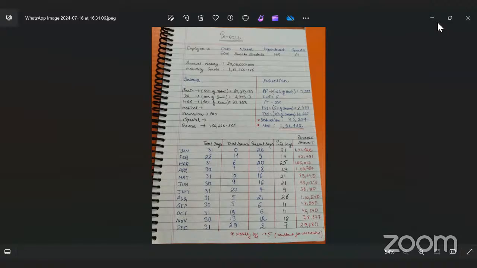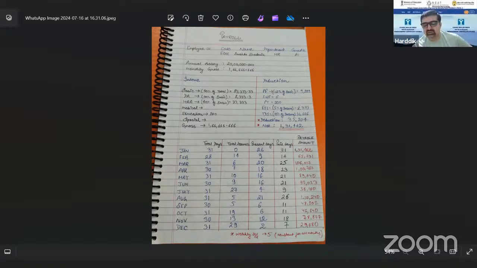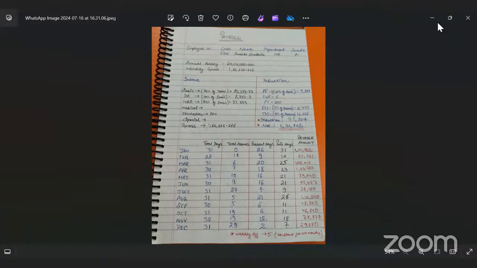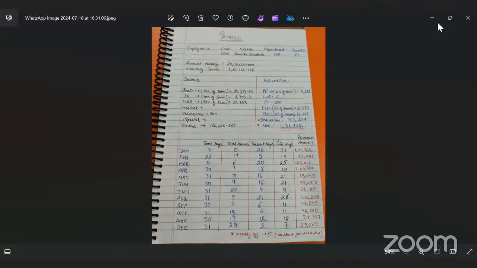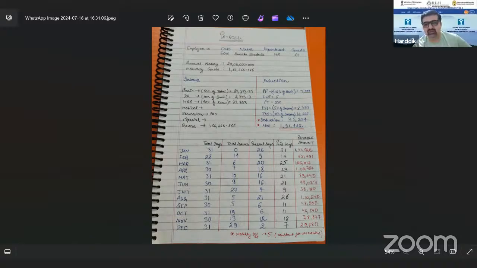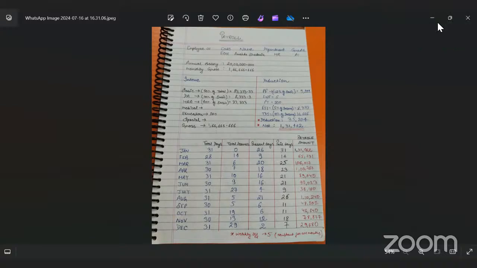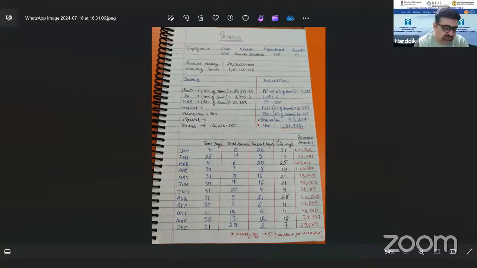Yes, sir. 37,467. मेडिकल में कितना ऐड किया? In medical, 1,500. नहीं, sir, 40,000 समथिंग था ना. 40,000 में से 1,500 कम करेंगे तो 39,000 समथिंग होगा ना.